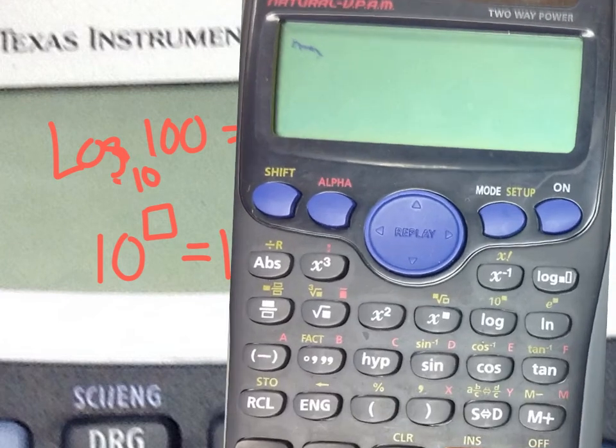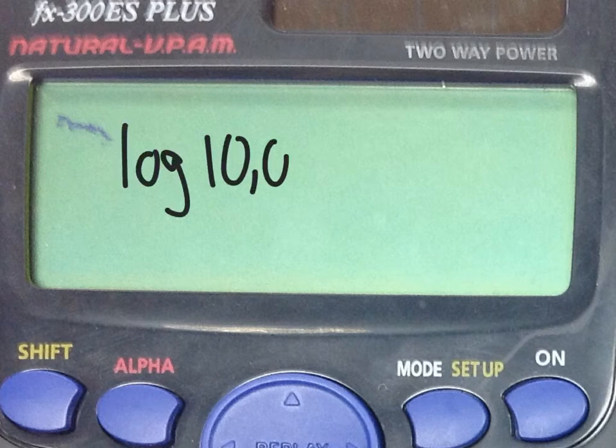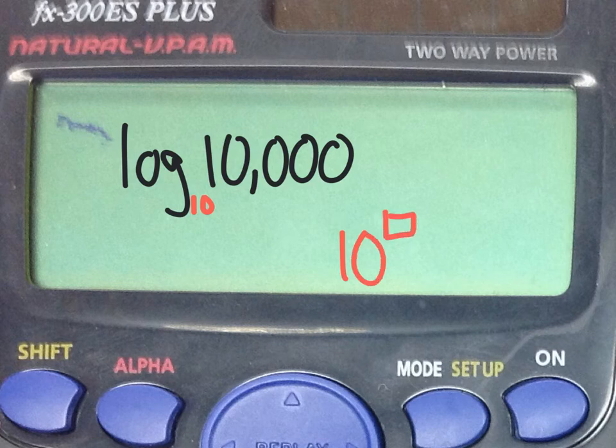Let's say with this calculator, how about we do common log 10,000. Now, how about this? Even without the calculator, let's use what we know already. The base is 10, so you're really going to say 10 to what power gives you 10,000.